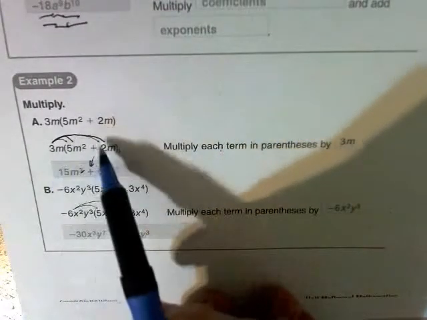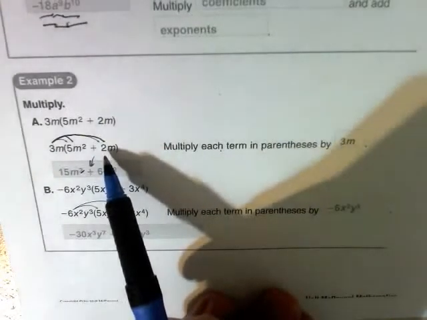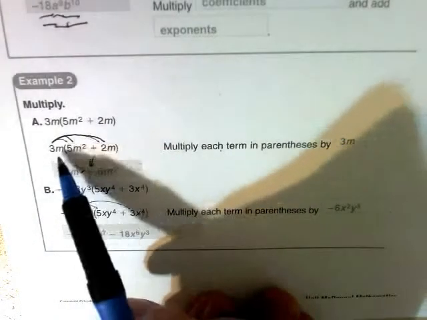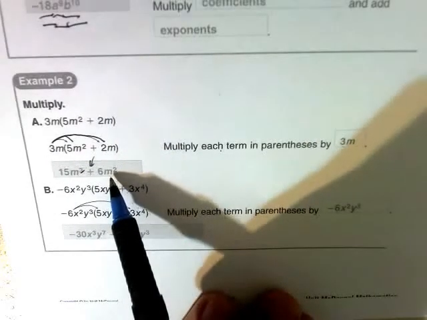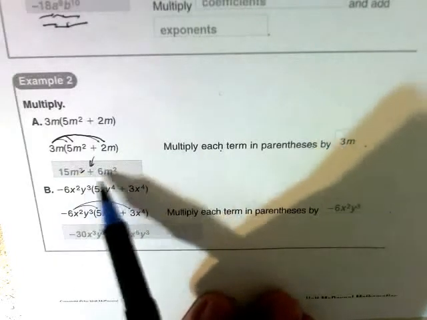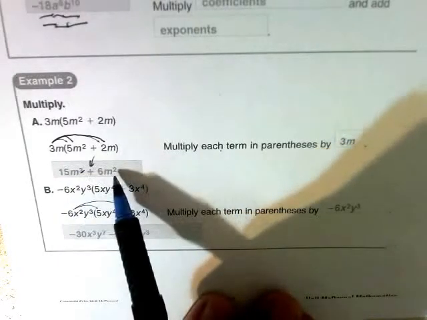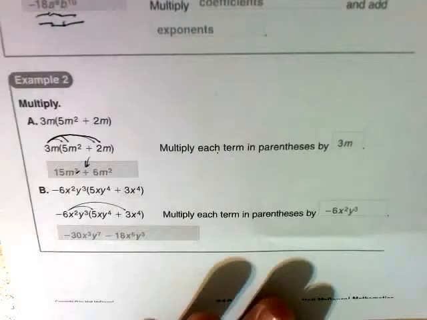And then I'm going to do 3 times 2, which is 6. And then I've got the m and the m, which combine to make m squared. So that's going to give me 6m squared. There's nothing you can do beyond this because m cubed and m squared are not like terms, because they have different exponents. And so that's your final solution.